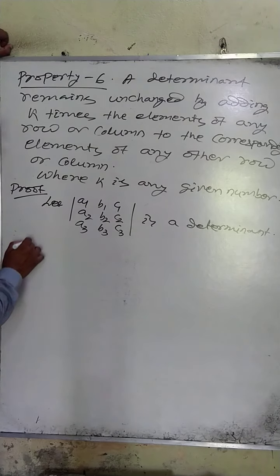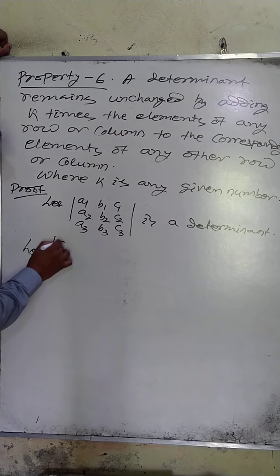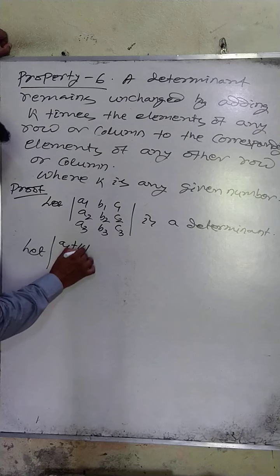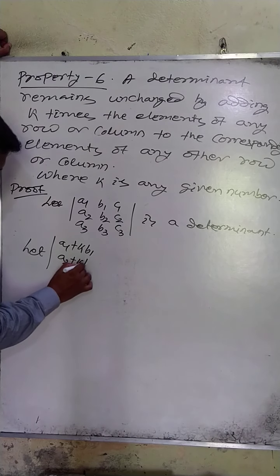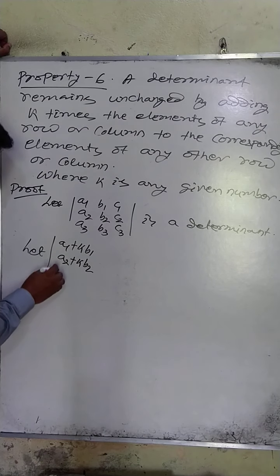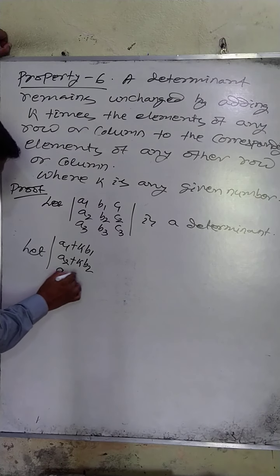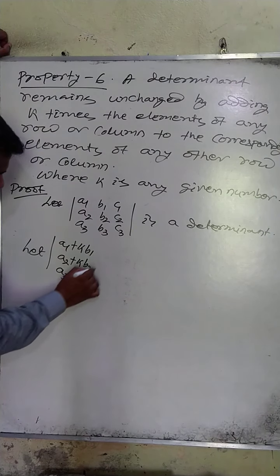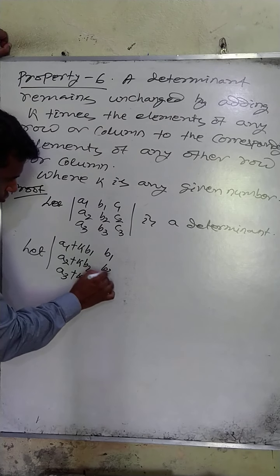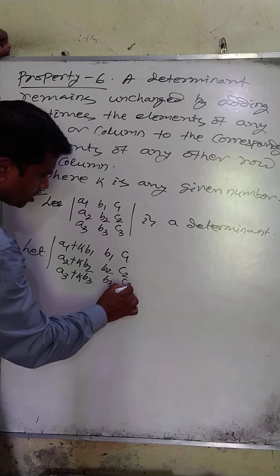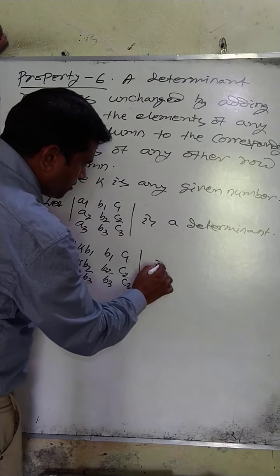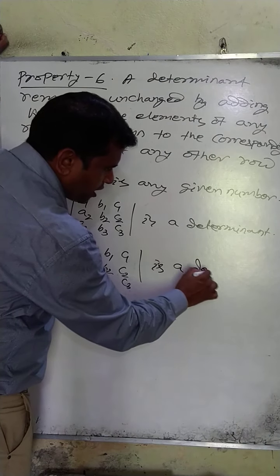Okay, let a1 plus k b1, a2 plus k b2, a3 plus k b3, b1 b2 b3, c1 c2 c3 be a determinant. We write it column wise.